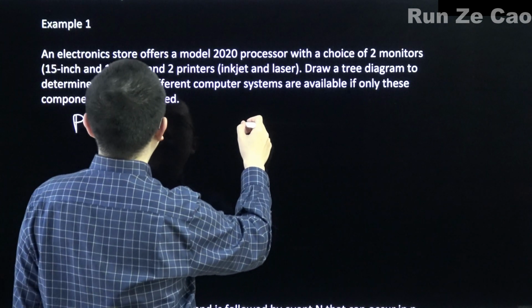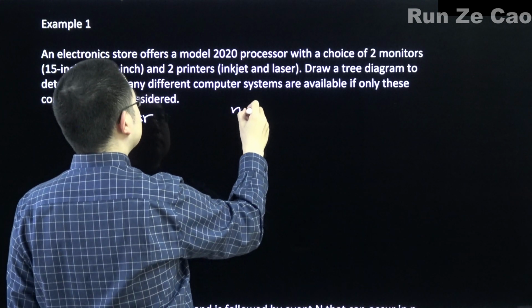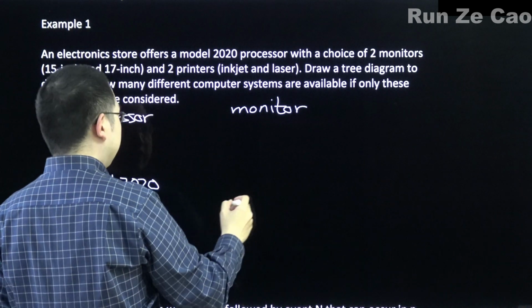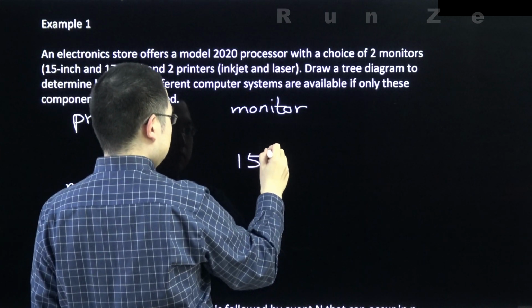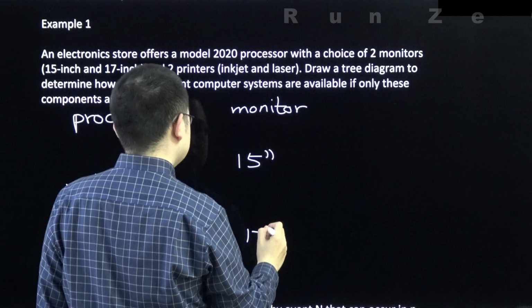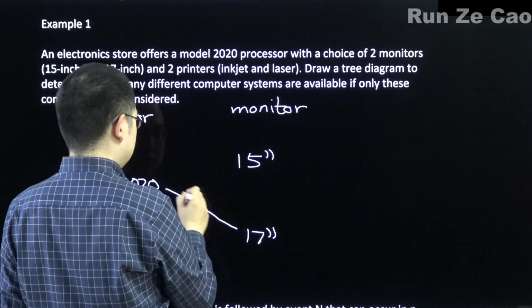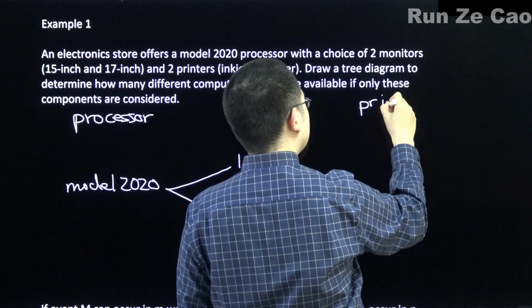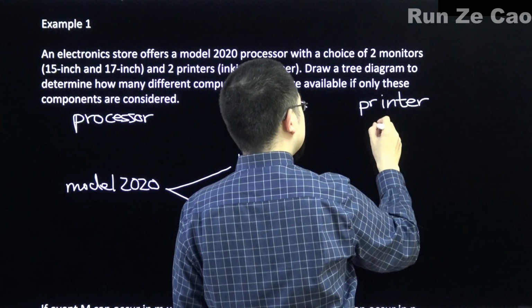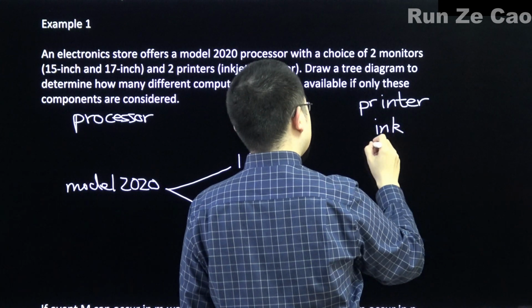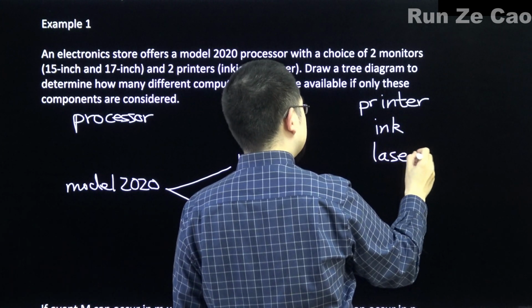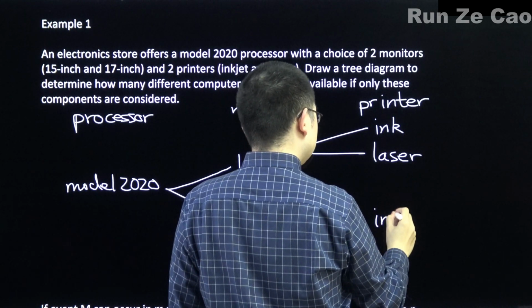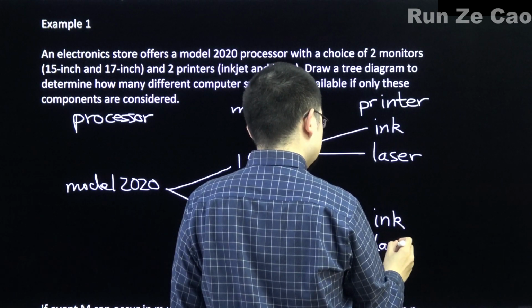And the monitor can be 15-inch or 17-inch. And then for each of these, the printer can be inkjet or laser.